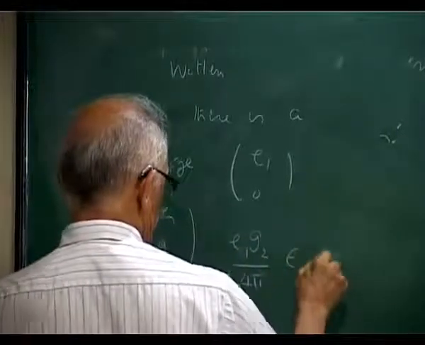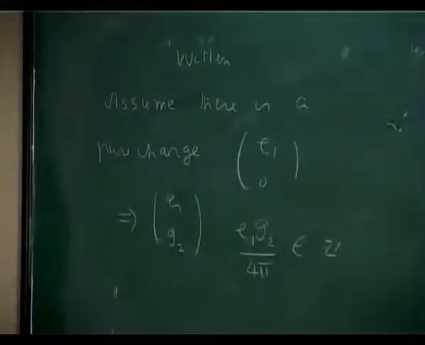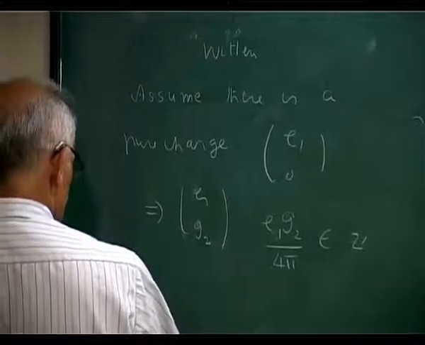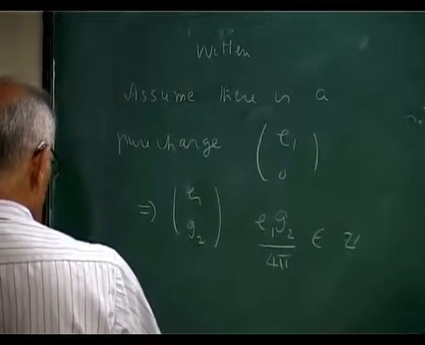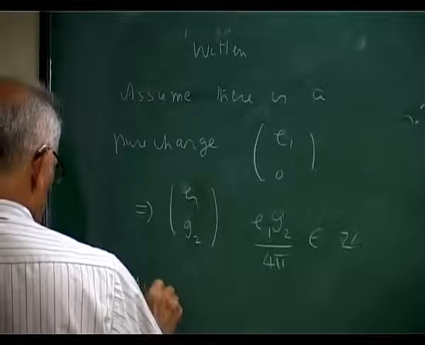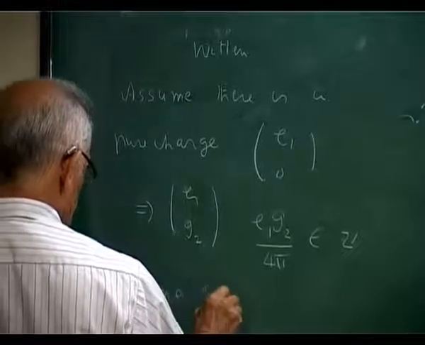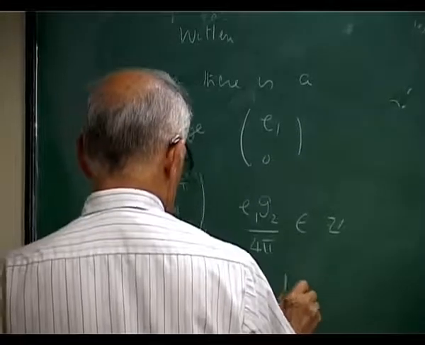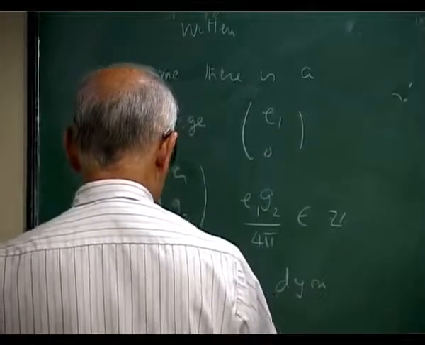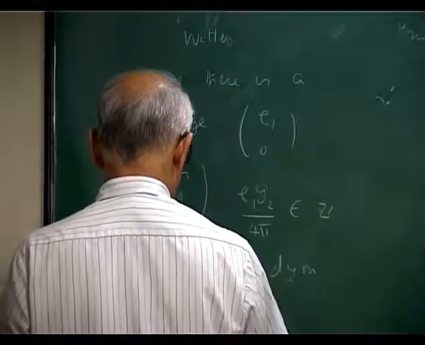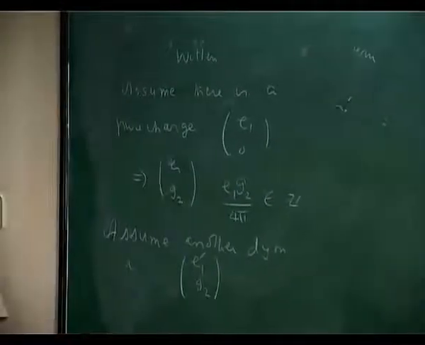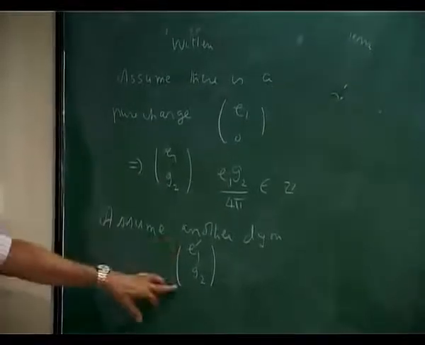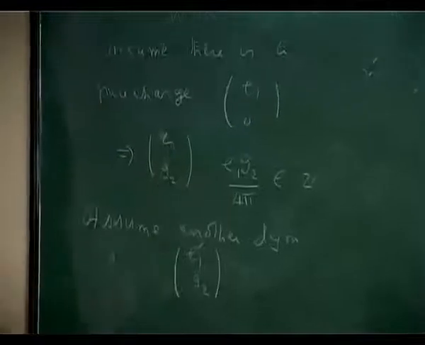Is some integer. Now suppose there is another monopole, suppose there is another dyon, assume another dyon with E1 prime and G2. He assumes. Now what happens between these?